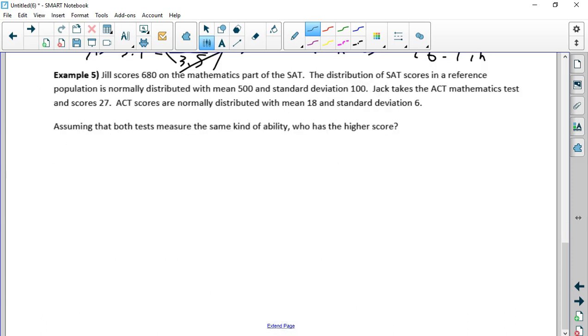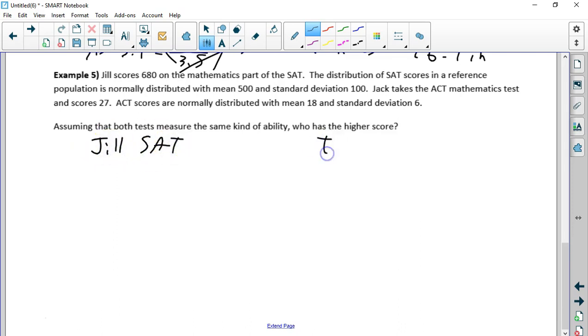Jill scored 680 on the math part of the SAT. The distribution has a mean of 500 and a standard deviation of 100. Jack took the ACT and got 27. The mean on that is 18 and the standard deviation is 6. Who did better? Okay, well, that means we've got to do two tests. We've got to do Jill with her SAT.